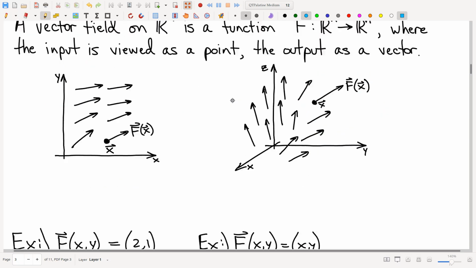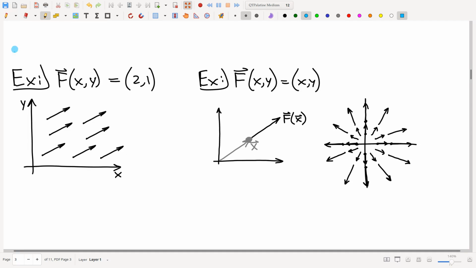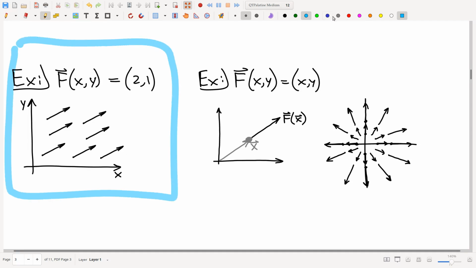Here we go. Constant vector field. Notice the field vector, the vector that we associate at any given point, is always the same, always 2, 1. No matter where you are, always the same. I think it's worth pointing out, and it's not too hard to accept, that this is what a constant vector field would look like. But notice it's really different from what you expect things to look like if you're talking about graphs.